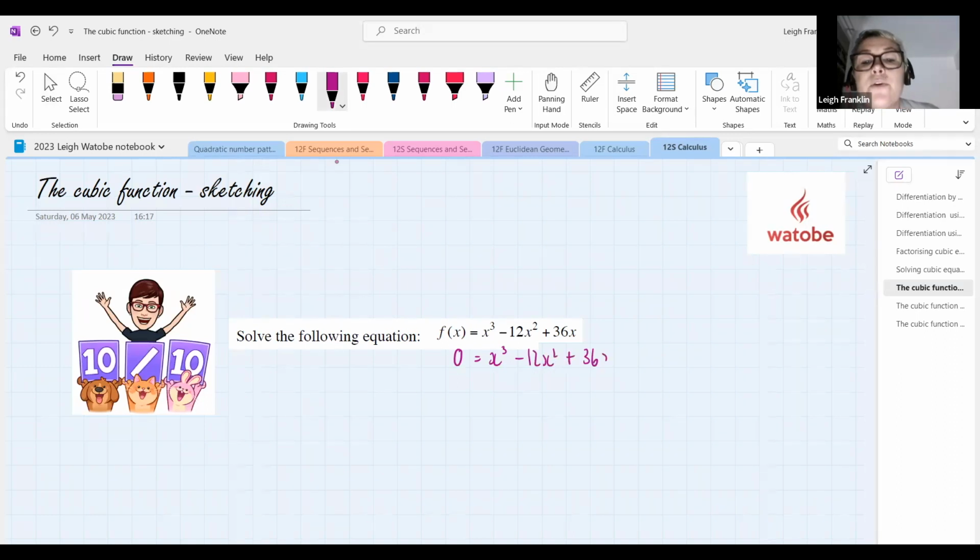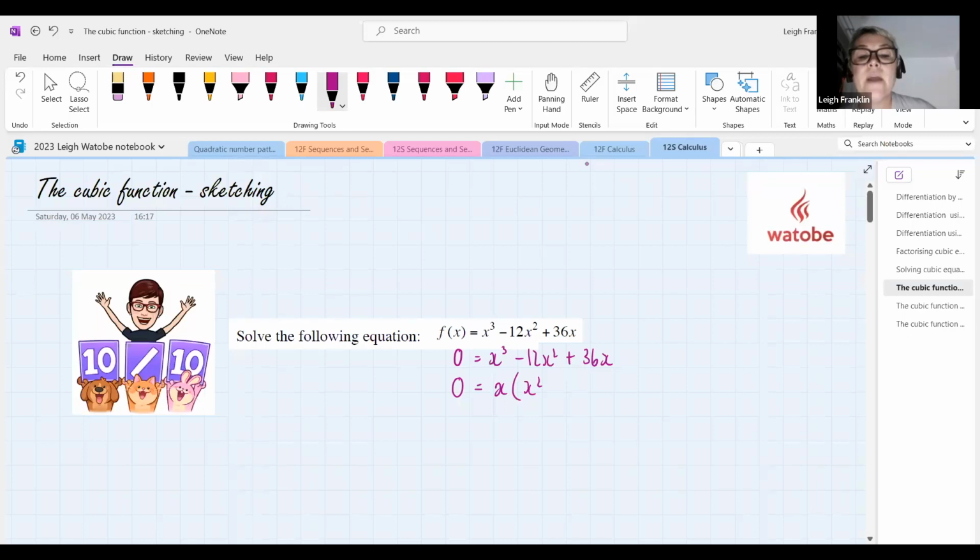Every single term has an x in it. So what can we do to this equation? Take an x out. Exactly, Natalie. We're going to take x out as the highest common factor.